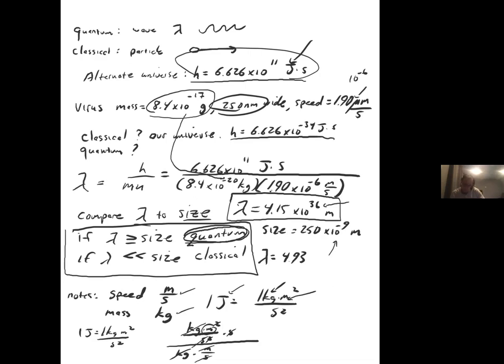Oh, it should be 4.15, sorry. 4.15 times 10 to the minus 9 meters. So in our universe, the wavelength is smaller than the size by quite a bit, by about a factor of 50 or so. So it's going to behave like a classical particle.